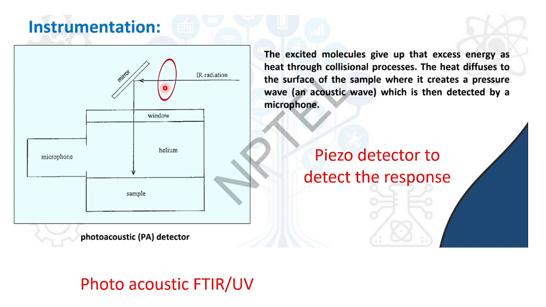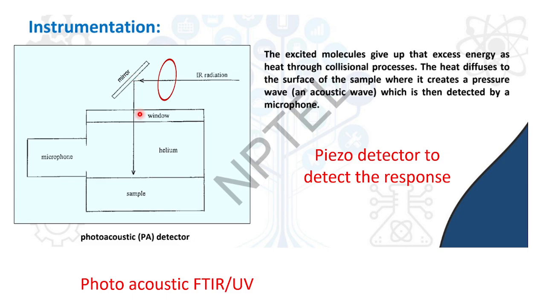It is nothing but a rotating device, and in that way it is modulating the radiation frequency. So the radiation does not continuously reach the sample. Sometimes it is blocking; at a particular frequency it blocks, and then it passes the IR radiation to the sample.